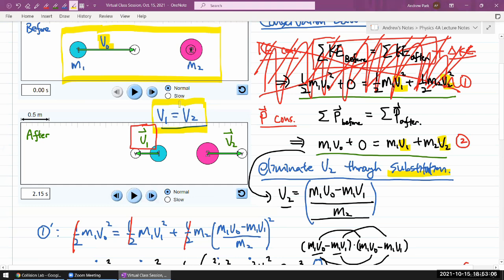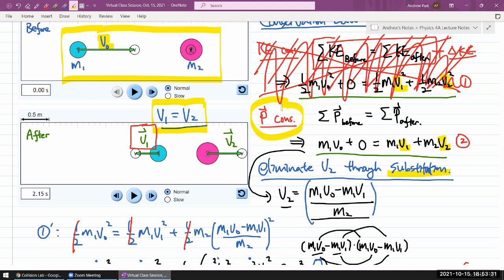And on the topic of the thing that we started this discussion with, which is why can we just say the final kinetic energy is zero? What constraint remains? Well, this is the constraint that remains. Your momentum conservation, everything that we said for momentum conservation, is still there, even for completely inelastic collision.